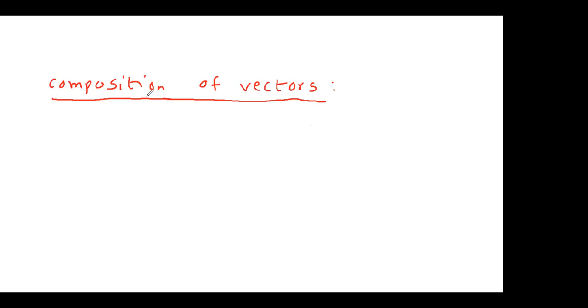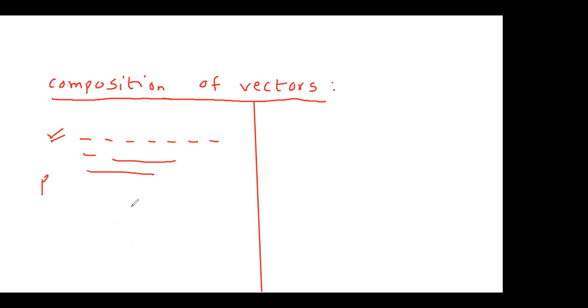Next heading, composition of vectors. Wait, I'm explaining again. Have you written composition in 10th standard in English? In that, you combine a few words together to get one sentence, then different sentences make one paragraph, then 2-3 paragraphs you are writing.